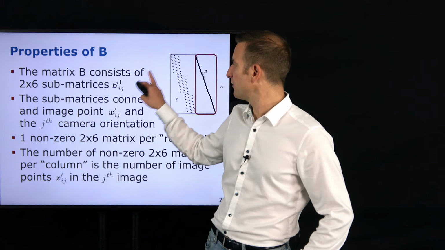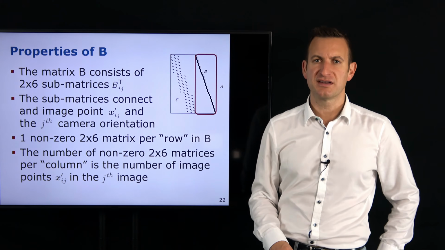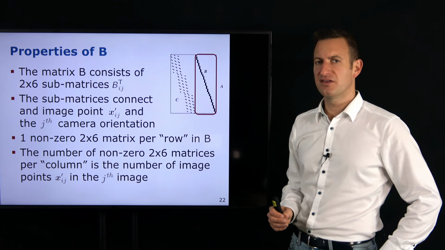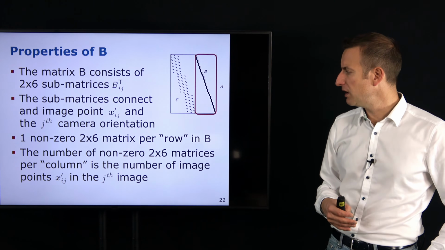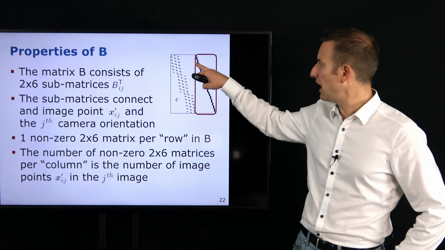So it links the observed point Xij and the J's camera orientation. So where is the camera? If I change the camera, of course, this has an impact on where the point will be projected to in my 2D image. And again, we have one non-zero 2x6 matrix in every row.